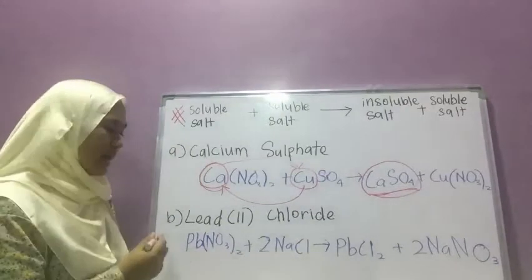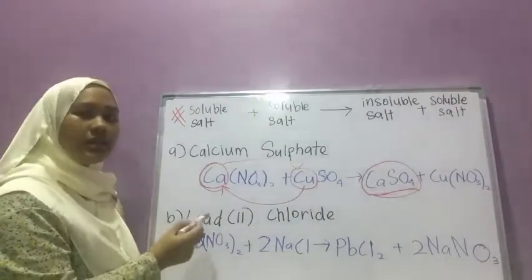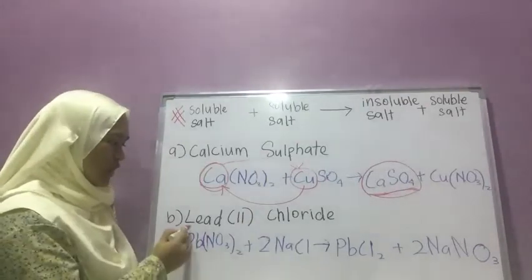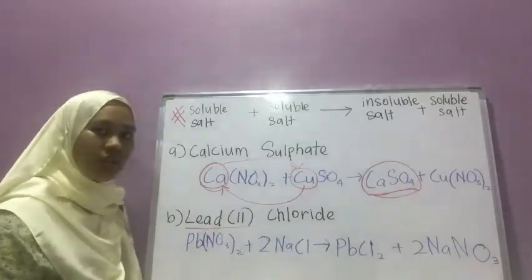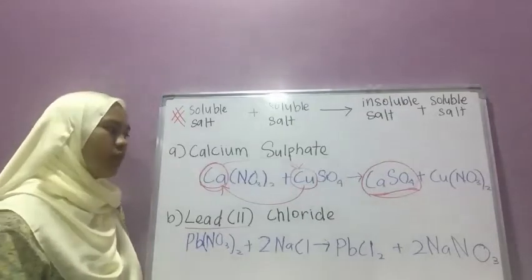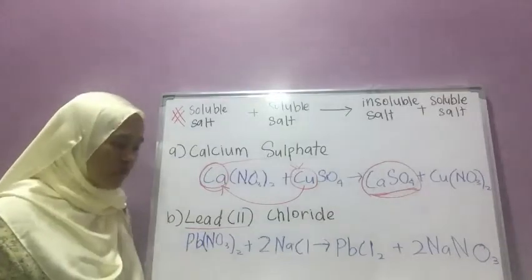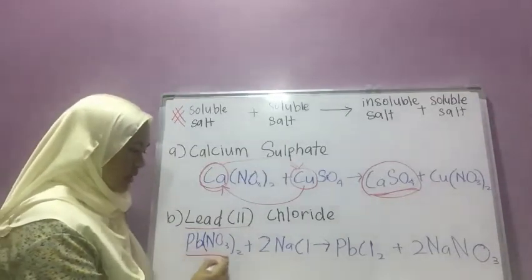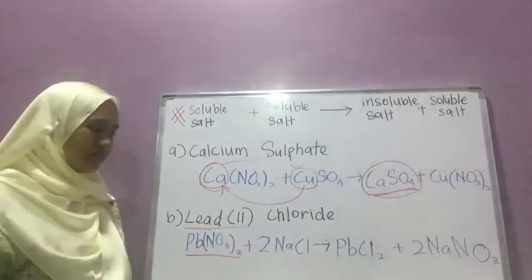Then we look at the second example, which is lead chloride. So we must find the lead solution, which is soluble. Then we must find the chloride solution, which is soluble too. Then here we use lead nitrate because it is soluble.